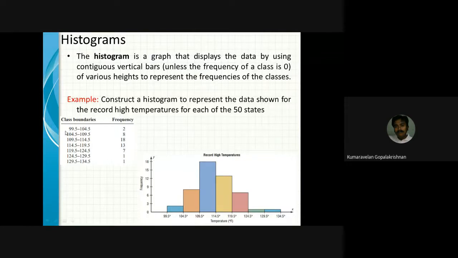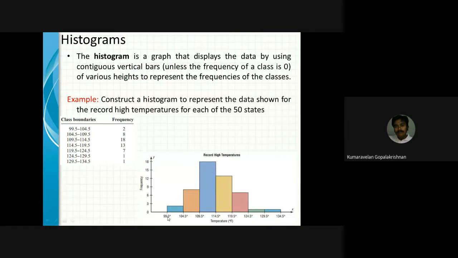See here. So these are my class boundaries, right? Now I have to represent this data pictorially, right? See here, and say for example, these class boundaries represent the temperature, and these are all my frequencies, right? I have to see what is the highest temperature recorded. See, from this beautiful histogram, you can easily interpret the results, right?